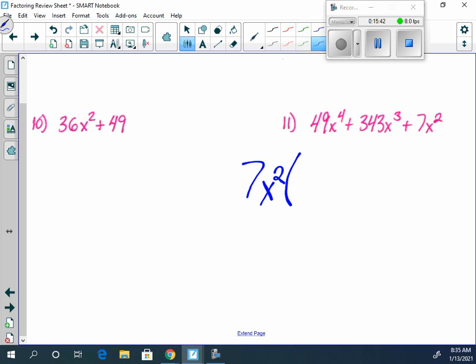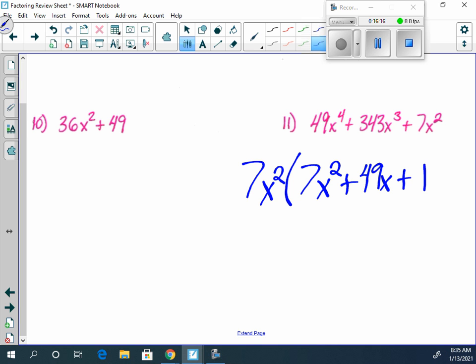Well, 49x to the fourth, and I factor out 7x squared, or I divide it by 7x squared. 49 divided by 7 is going to be 7. X squared, x to the fourth divided by x squared, or if I take two x's away from x to the fourth, I'm left with x squared. Now 343 divided by 7 is going to be 49, and if I take two x's away from x to the third, I'm left with x.